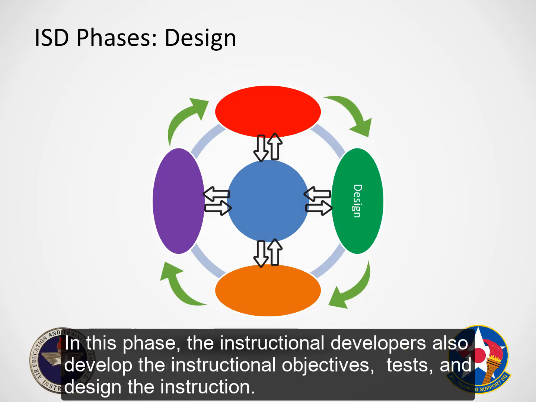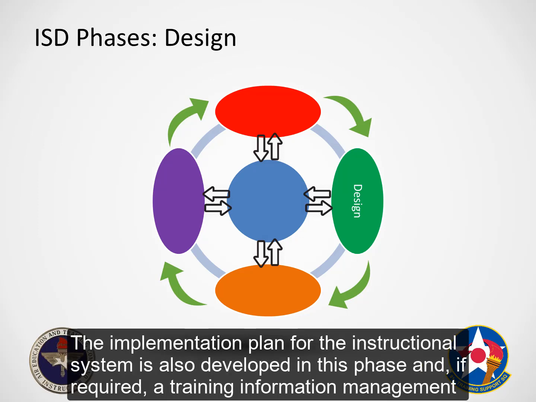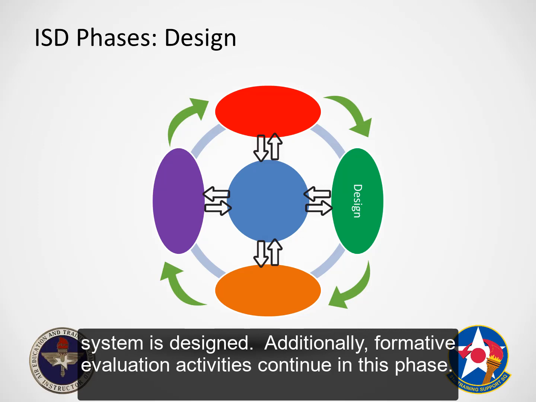In this phase, the instructional developers also develop the instructional objectives, tests, and design the instruction. The implementation plan for the instructional system is also developed in this phase, and if required, a training information management system is designed. Additionally, formative evaluation activities continue in this phase.